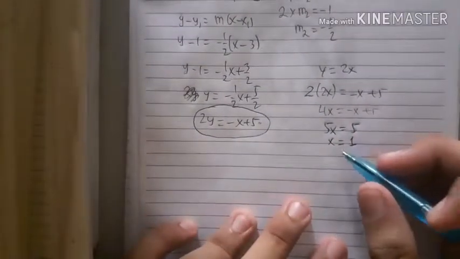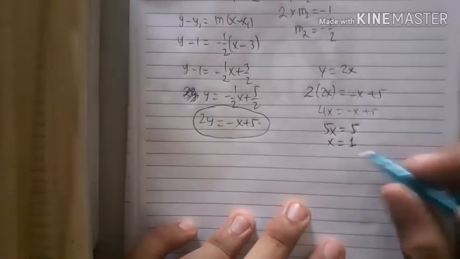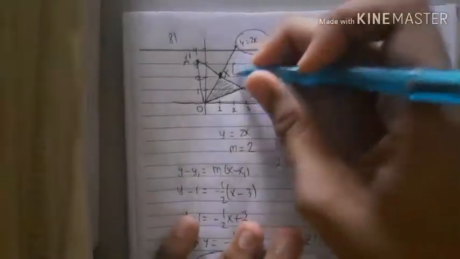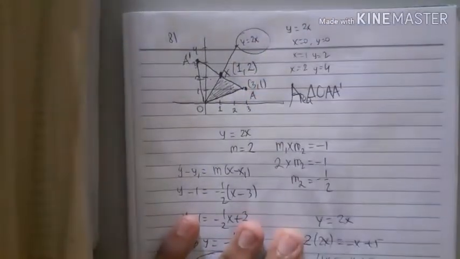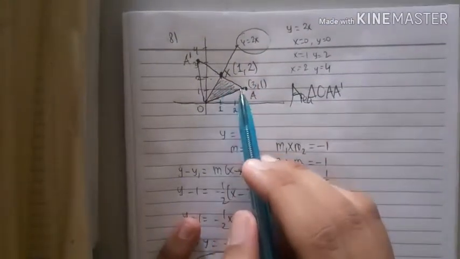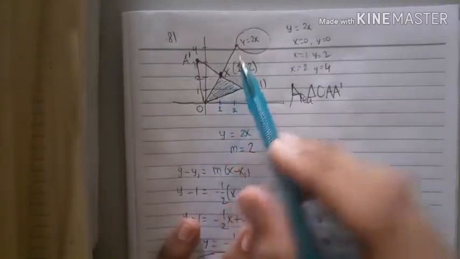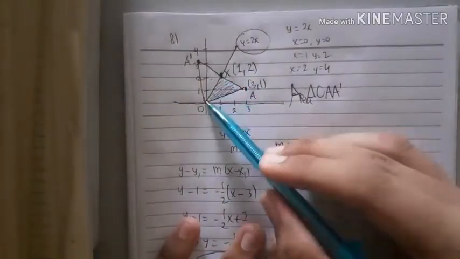Now we have x, we get y, so y is 2. So this here is the point (1,2).